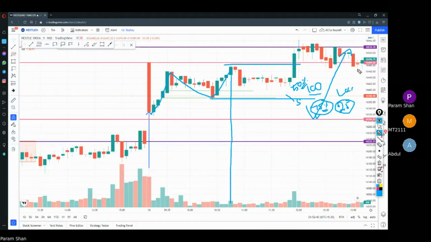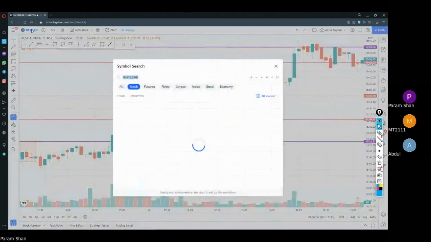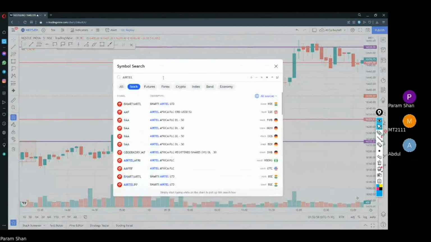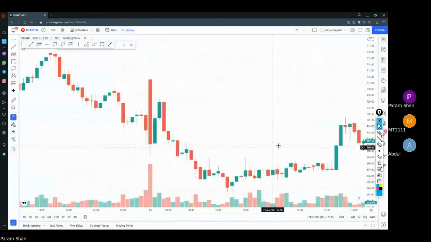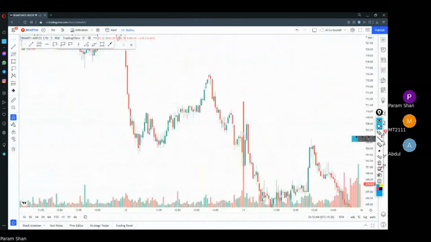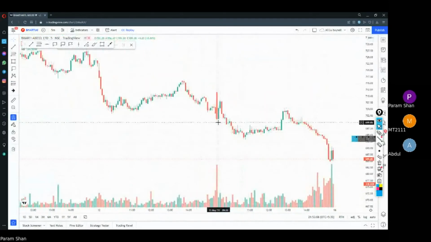So now I will tell you how I traded my last trade with Airtel. We do exactly the same calculation. When we are analyzing support and resistance, we will ignore the last session one.